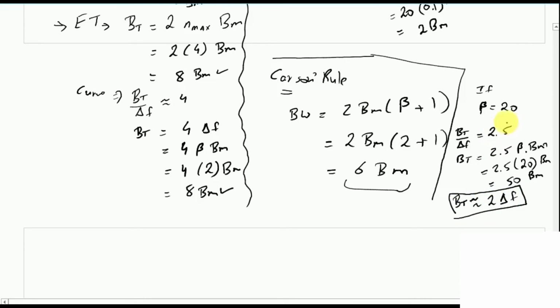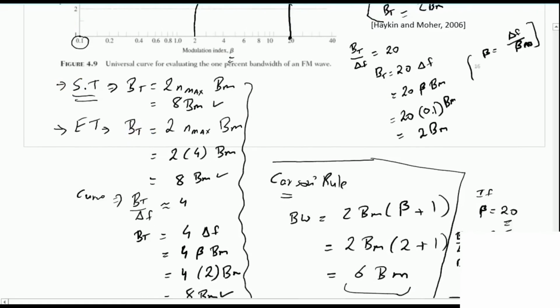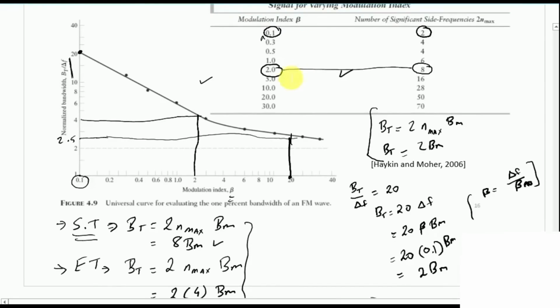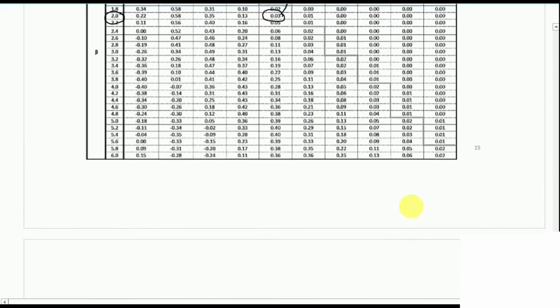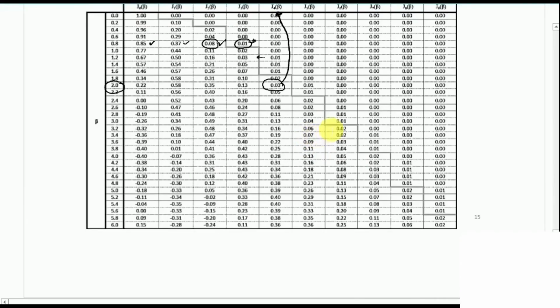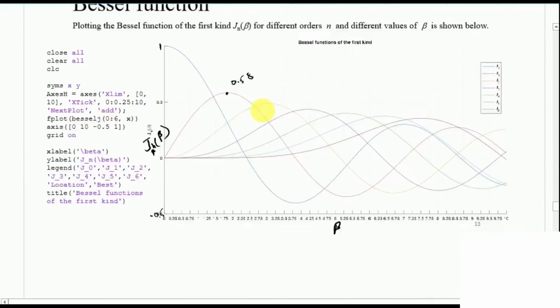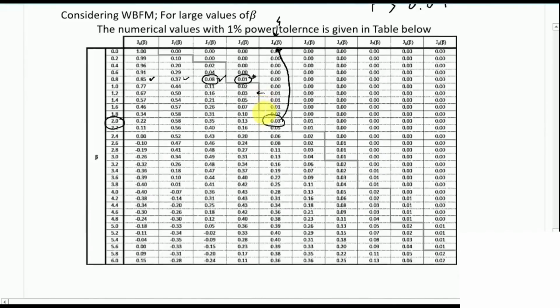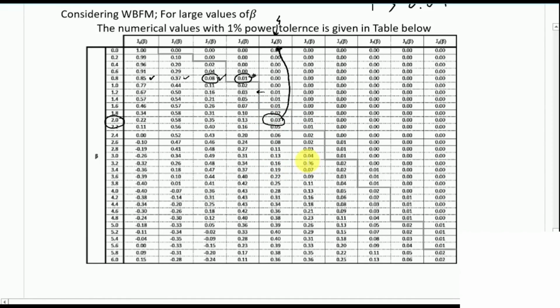So for this I would suggest you to do all this analysis wherever possible. You have 20 here, so you can definitely use this table, you can use this curve. Actually, in fact, I have used it, but you would not be able to use based on this one. So maybe you can plot it from Matlab, and the function is already there, and you can find the value from the Bessel function in Matlab to eventually get it.